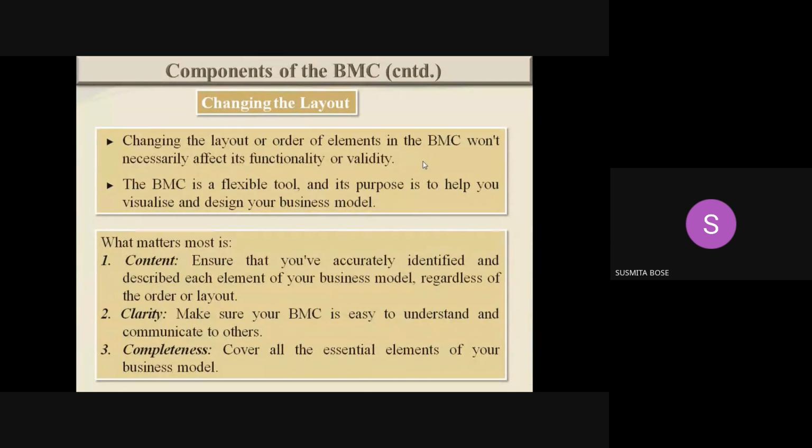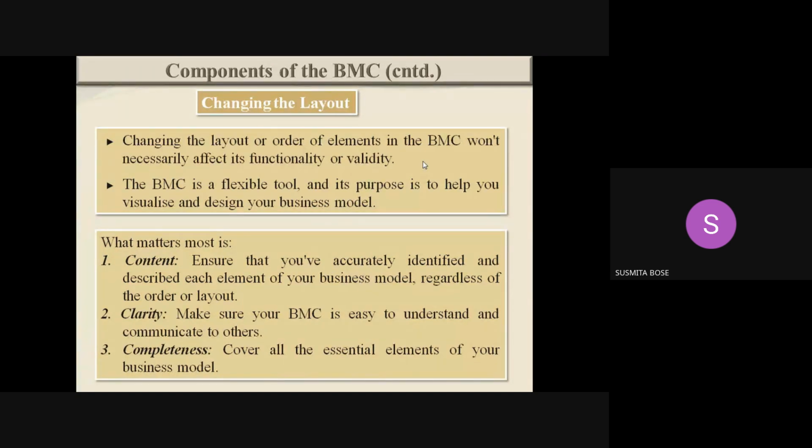The next question was, if I decide to change the layout, how flexible is it? Changing the layout or order of elements, like we have seen the elements in a particular order, that's the standard form. Changing the layout or order of elements in the BMC won't necessarily affect its functionality or validity, because the BMC is a flexible tool and its purpose is to help you visualize and design your business model.